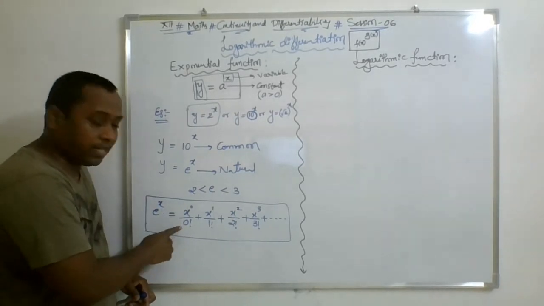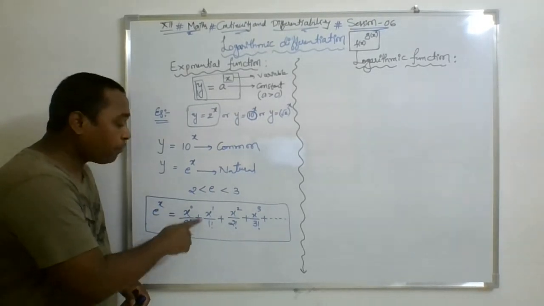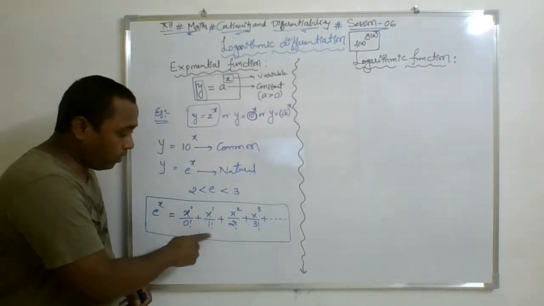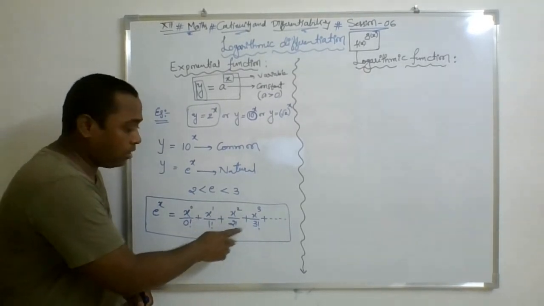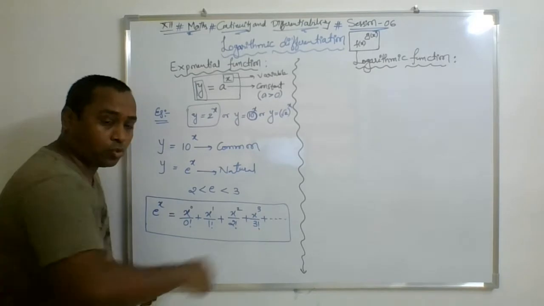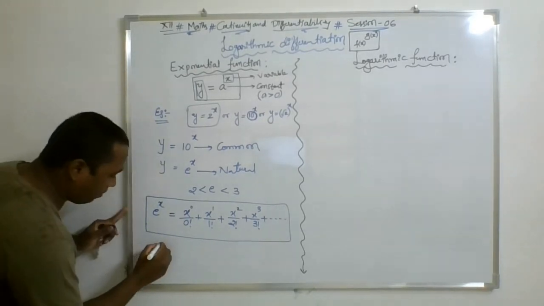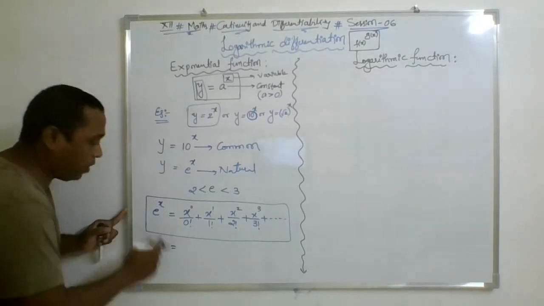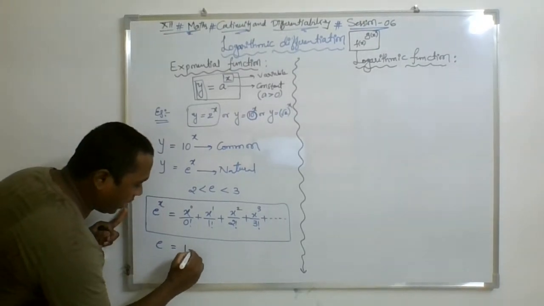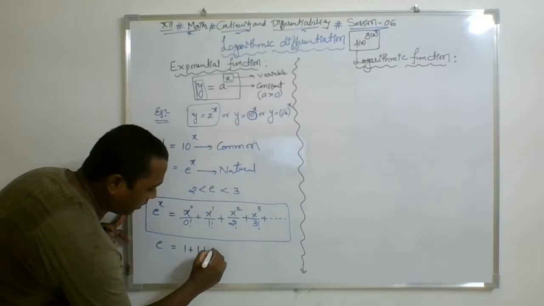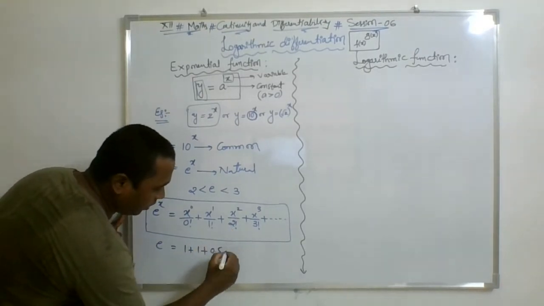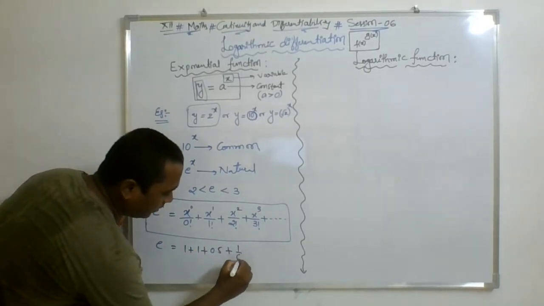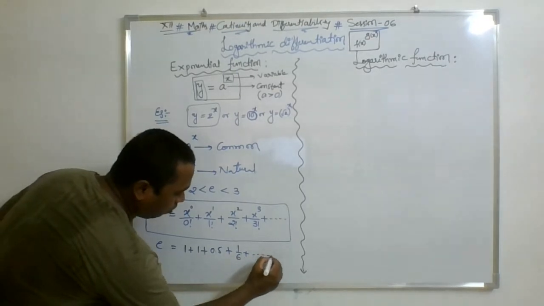1 to the power 0 by 0 factorial, that is 1 only, and 1 by 1 factorial is also 1, 1 by 2 factorial, 1 by 3 factorial, and so on. So finally, the value of e obtained by substituting x equal to 1 looks like 1 plus 1 plus 0.5, and 1 upon 6, and so on.